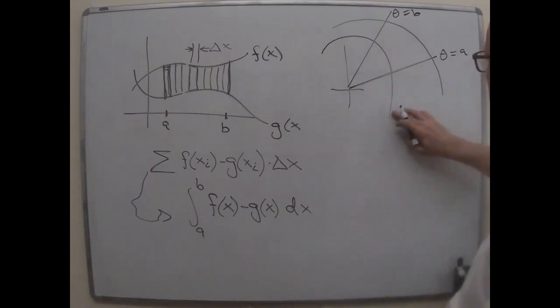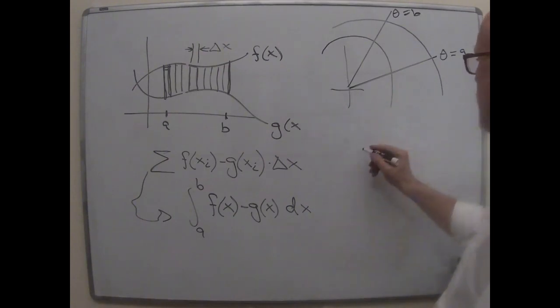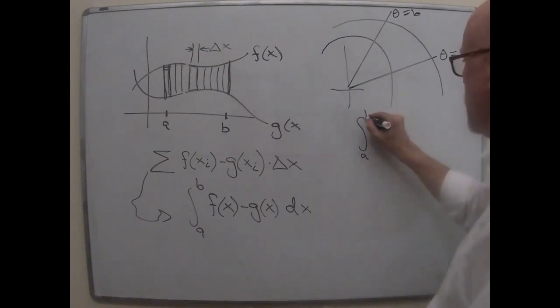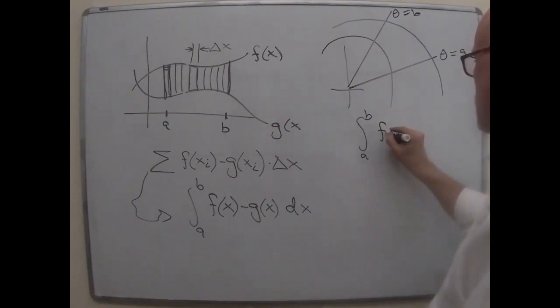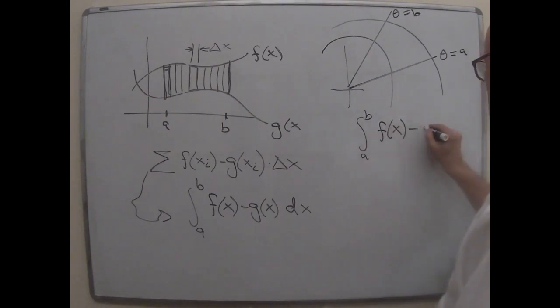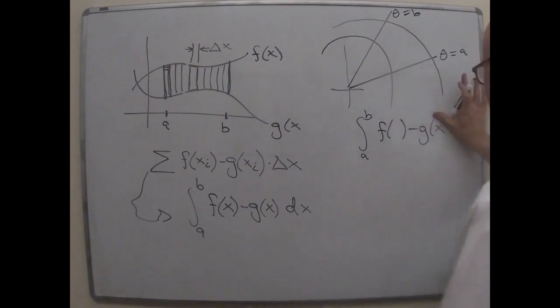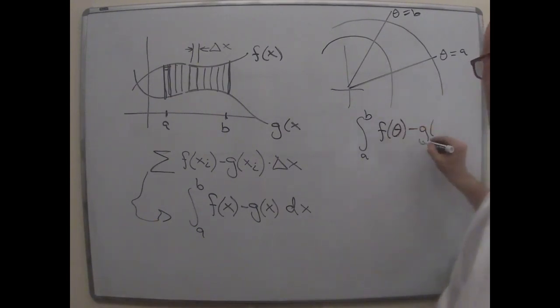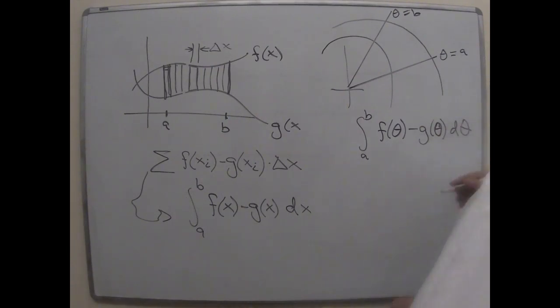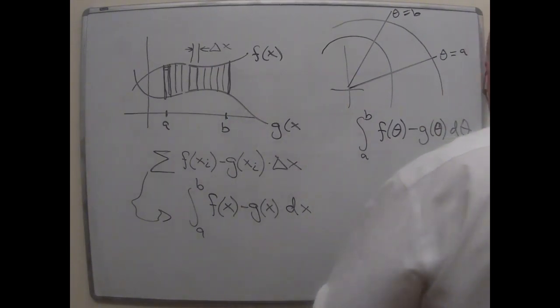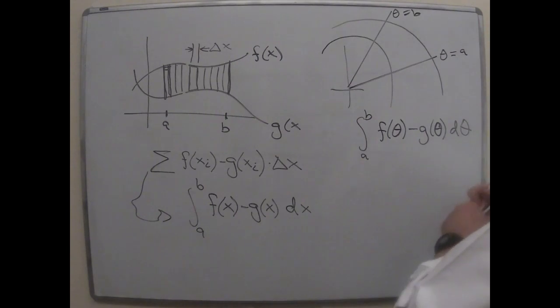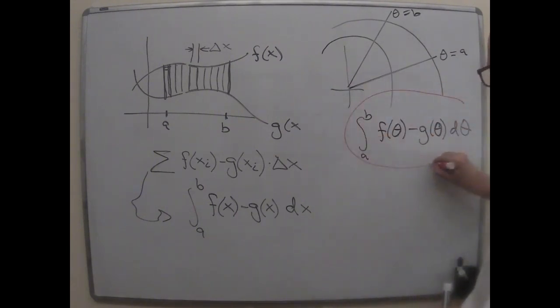But this is not going to work out if we just try to take the integral from a to b of f of x minus g of x d theta. Oh, sorry, I should say f of theta, g of theta, d theta. This is wrong. Let me make sure I indicate that graphically. This is not what we want.